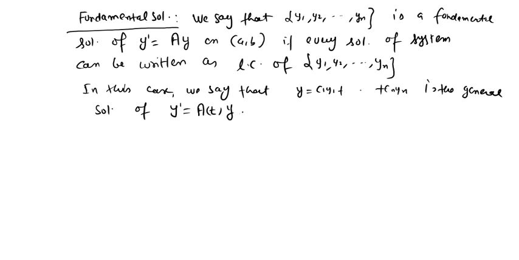So what is the fundamental solution? This is a set of n vectors y1, y2 up to yn, and they all satisfy the given system, and any other solution, if it exists, can be written as a linear combination of these vectors.